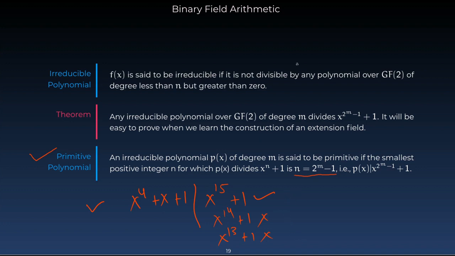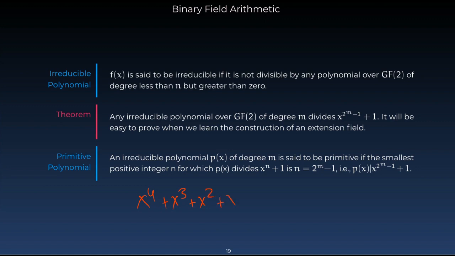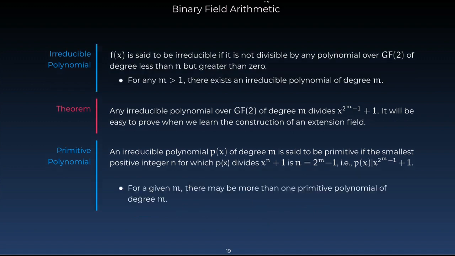Another example here is actually a counter example. x^4 plus x cube plus x square plus x plus 1 is an irreducible polynomial, but it is not a primitive polynomial. Why? Because it divides x to the power 5 plus 1. Okay, so this is about primitive polynomials, and we will see the list of primitive polynomials at the end of this lecture, but you should know this.